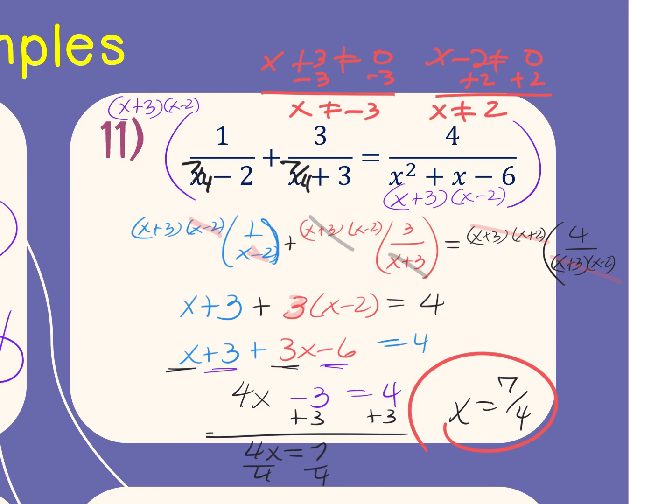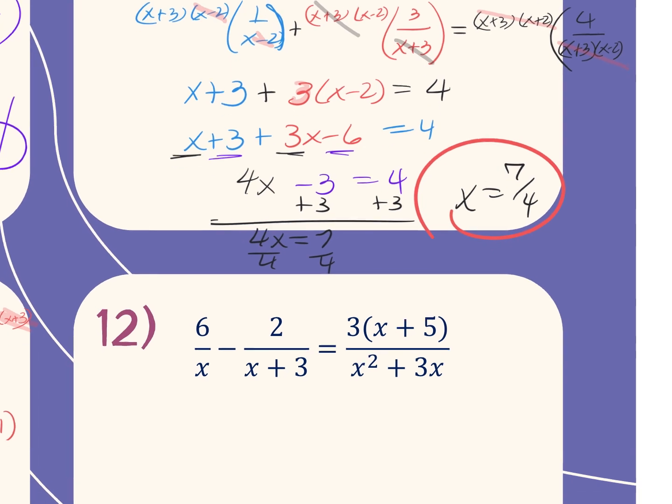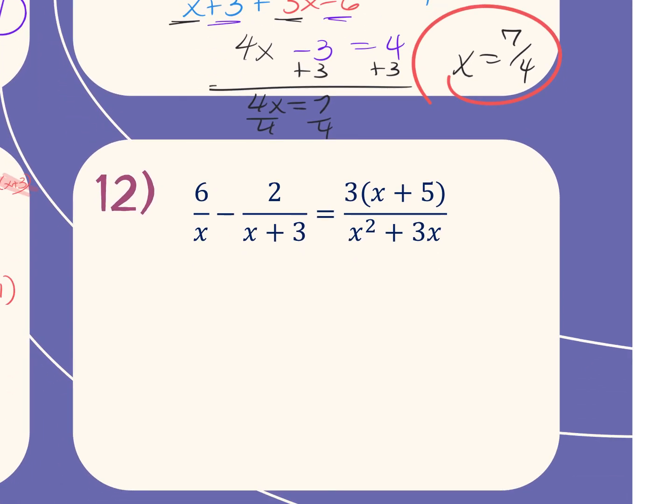One last example. So here what I need to do is look for my common denominator. I need to factor this thing first. I'm going to factor out a GCF. And notice once I factored it, that's my LCD. So again, I'm going to multiply each term by that LCD.